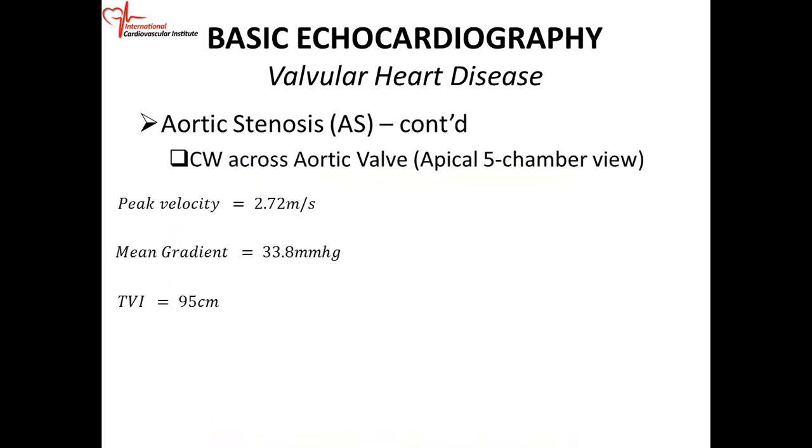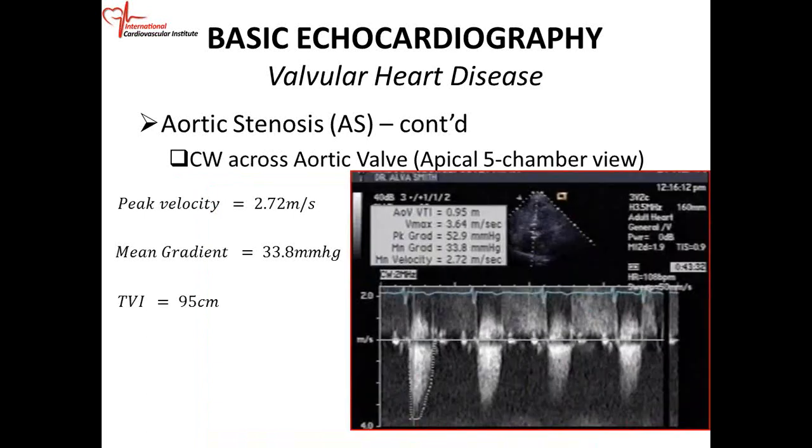Another important thing: that is the left ventricular outflow tract TVI, and that's a pulse wave. So the left ventricular outflow tract TVI is done using pulse wave. When you do the velocity time integral across the aortic valve, you use CW, continuous wave, because you're talking about higher velocities.